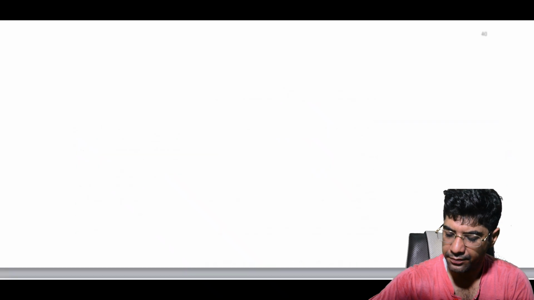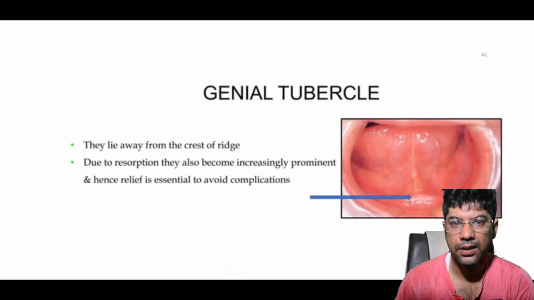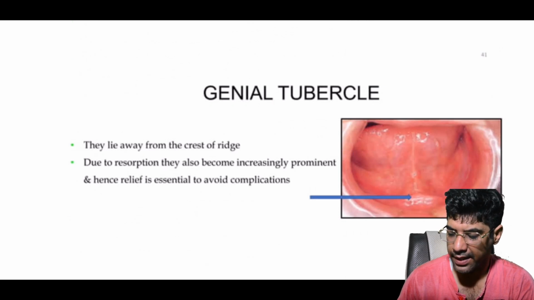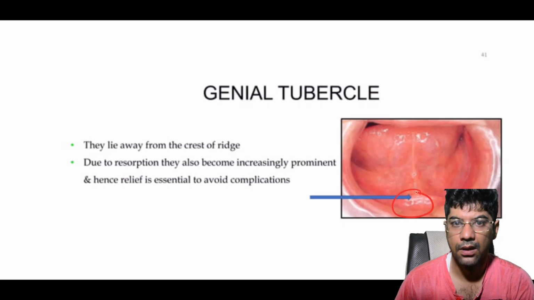Other is the genial tubercle. Genial tubercles are bony protrusions found anteriorly on the lingual side of the mandible. With ridge resorption, these tubercles can become more prominent, leading to difficulty in denture retention and function.